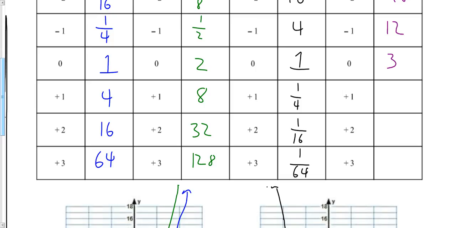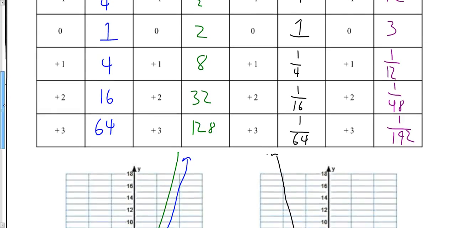And then if I continue on, I'm going to end up with just even smaller fractions as I do my multiplication. So now let's go through and attempt to graph this particular relationship.